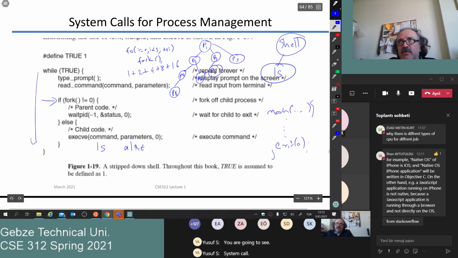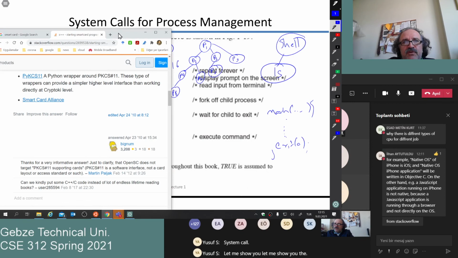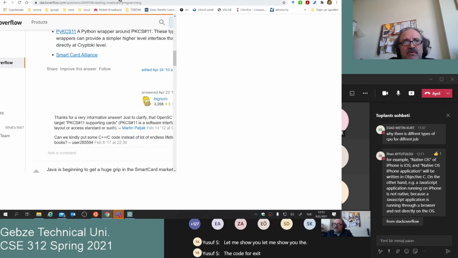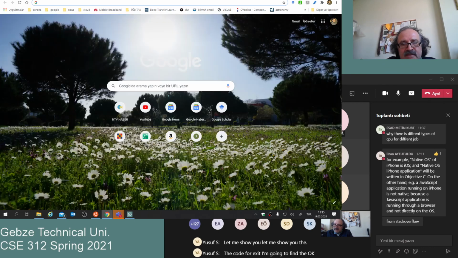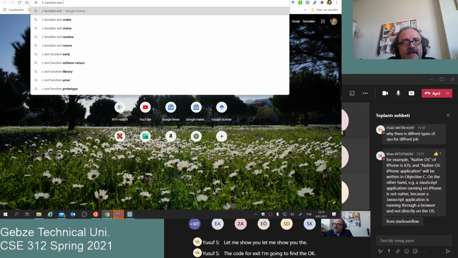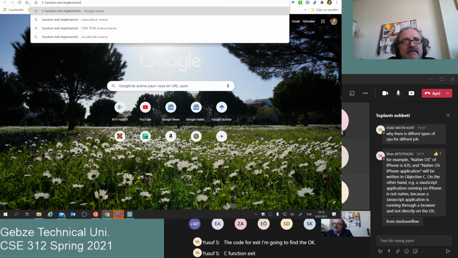Let me show you the code for exit. I am going to find the C function exit implementation.